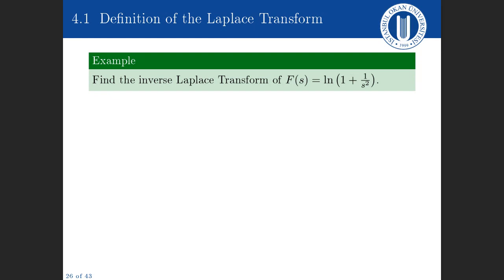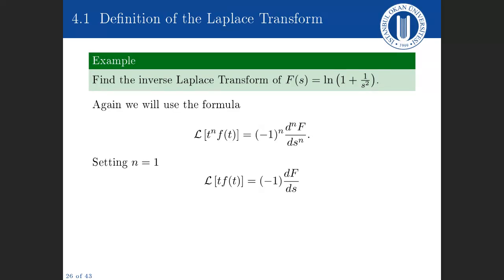Let's do another example. Find the inverse Laplace transform of capital F equal to the natural logarithm of 1 plus 1 over s squared. I want to use the same formula again. I want to use the Laplace transform of t to the power n f of t is minus 1 to the power n, d^n F over ds^n. But I'm going to use it in the case when n is equal to 1. Why? Because ln of 1 plus 1 over s squared, nothing like that appears on the table of elementary Laplace transforms.